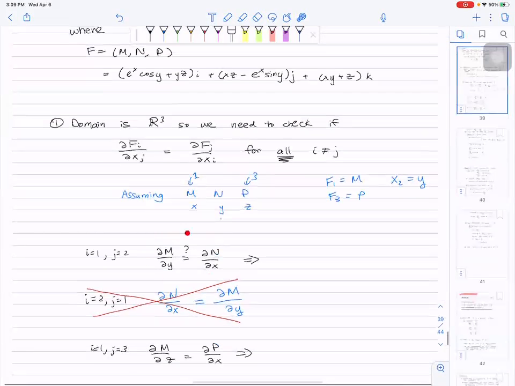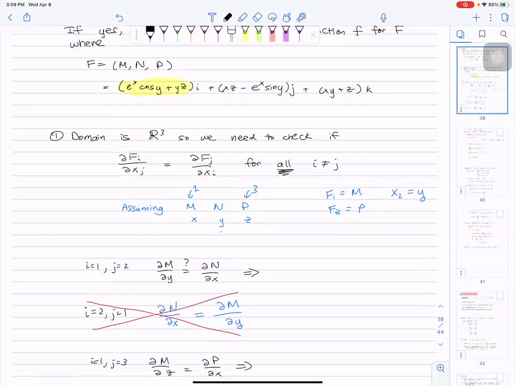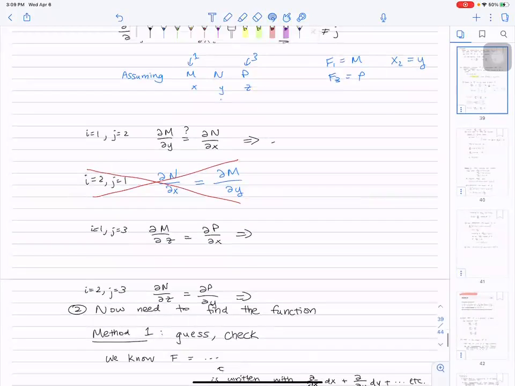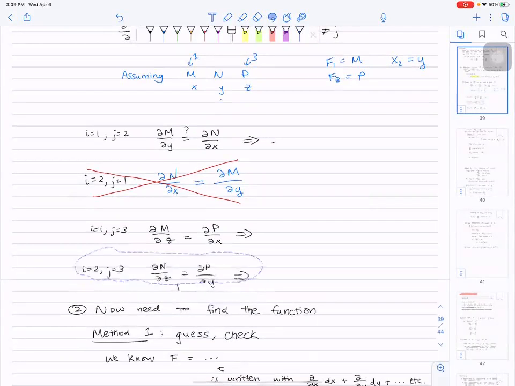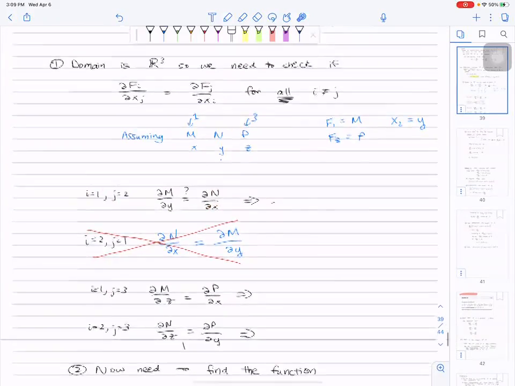So let's check if this is true. Partial of this yellow highlighted thing with respect to y, but why with respect to y and not with respect to z or x? We will continue, we have other things to check too, but let me first check this one. So this is the first thing we have to check.